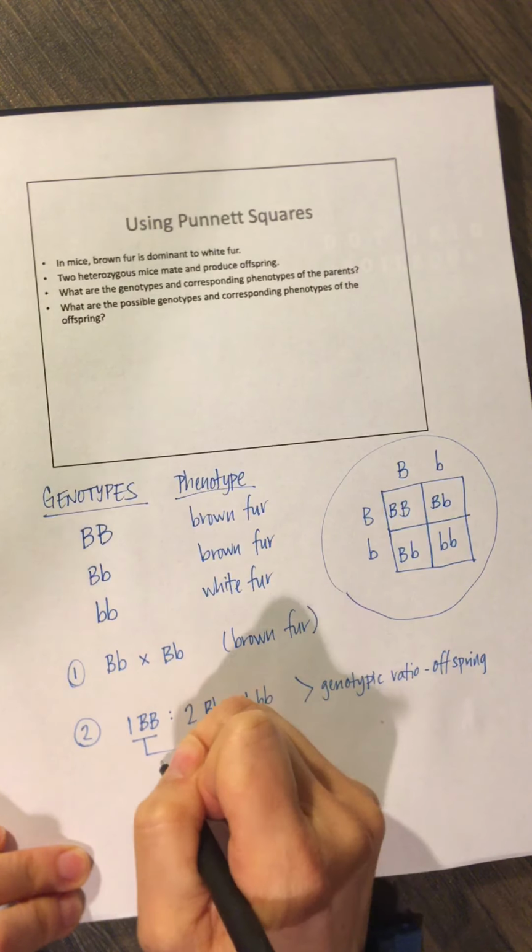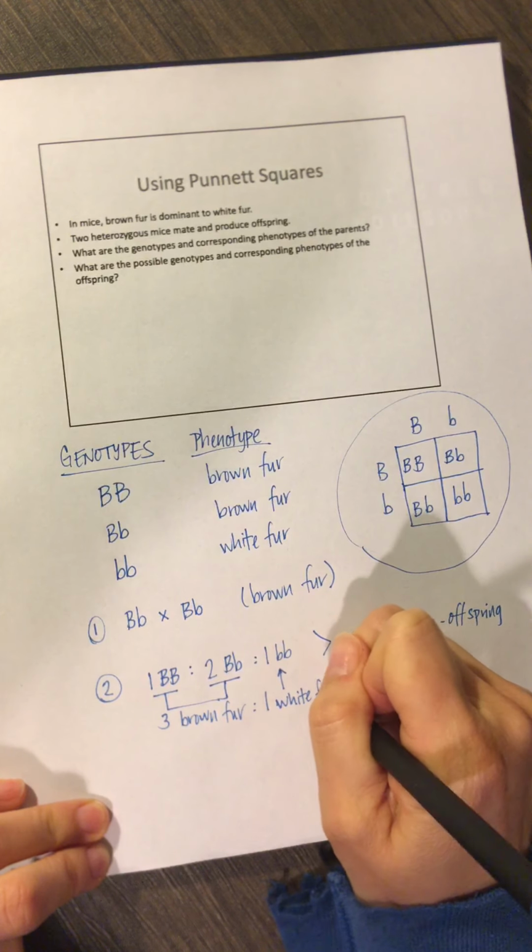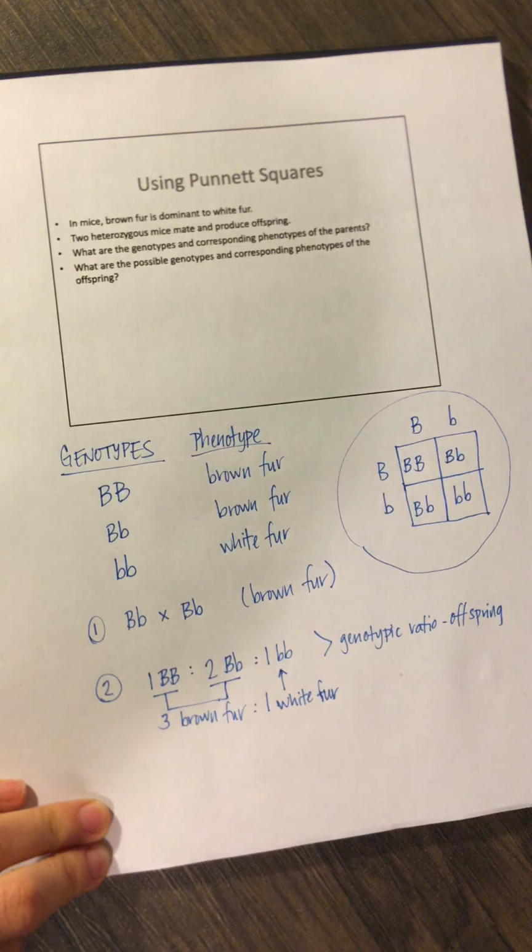And so if we were talking about the ratios, we would say there are 3 brown fur for every 1 white fur. If you're more comfortable with fractions, you would say that 1/4 are homozygote dominant, half are heterozygote, and 1/4 are homozygote recessive.